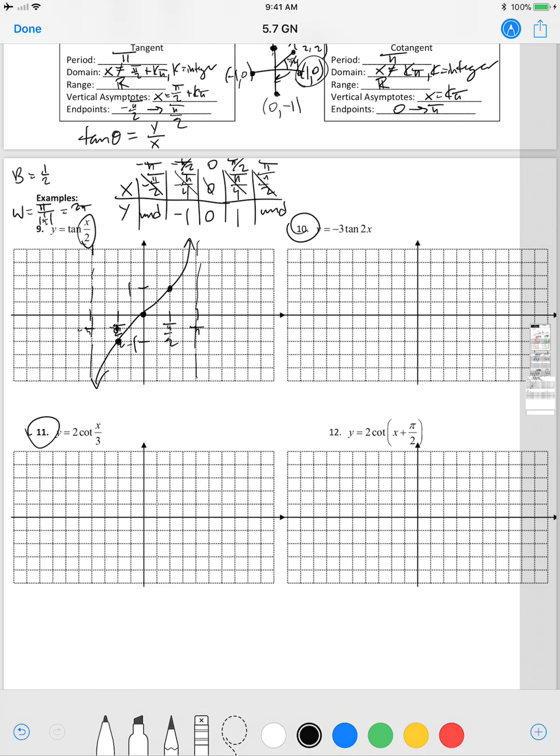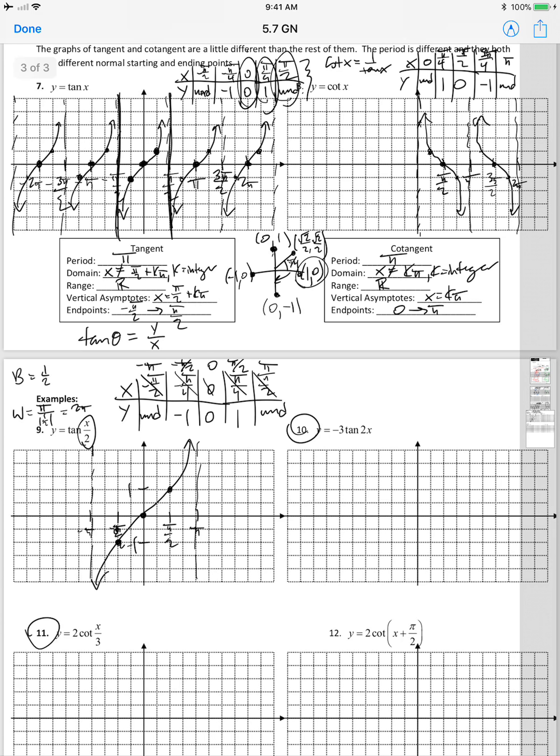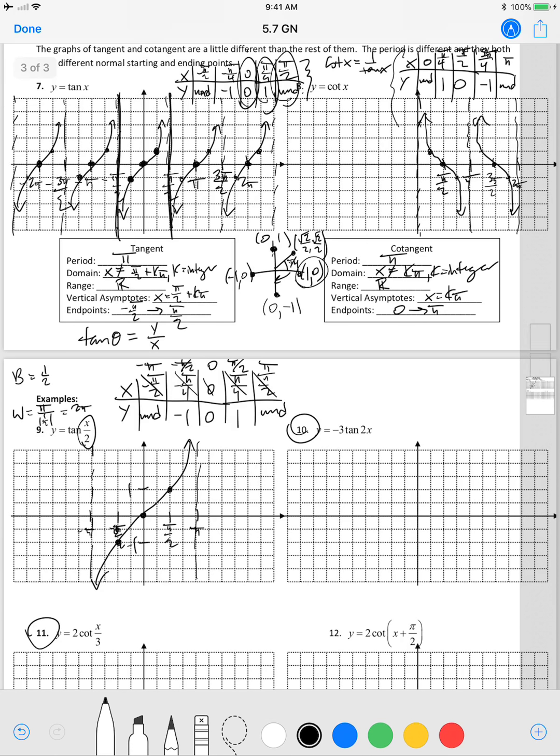Cotangent, so I'm going to start with that table I made for cotangent up here. I'm talking about this table right here. X, Y. I'm going to start at 0 and then count by pi over 4's. And then this was undefined. 1, 0, -1, and then undefined.